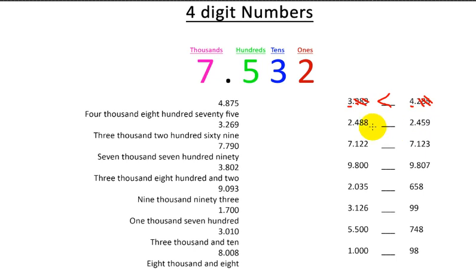If you're wondering why that is, it's because the fact that this number is more than this means that this has an extra 1,000. This has one more 1,000 because 4 is one more than 3.